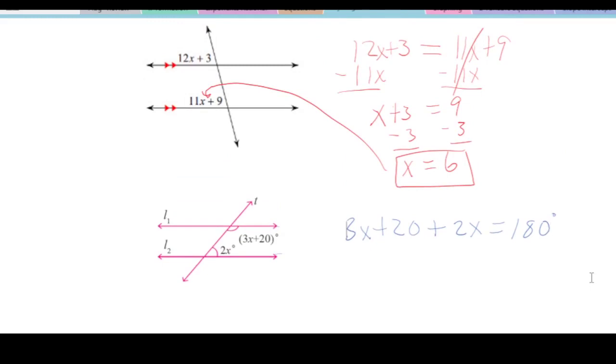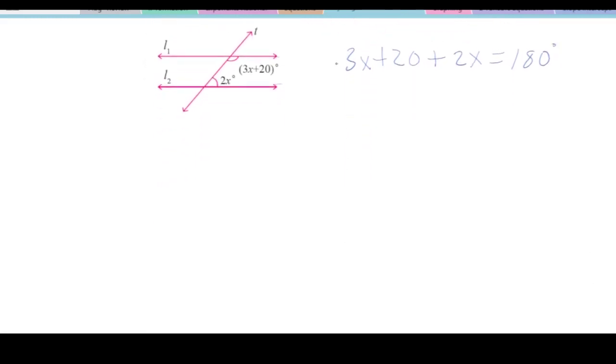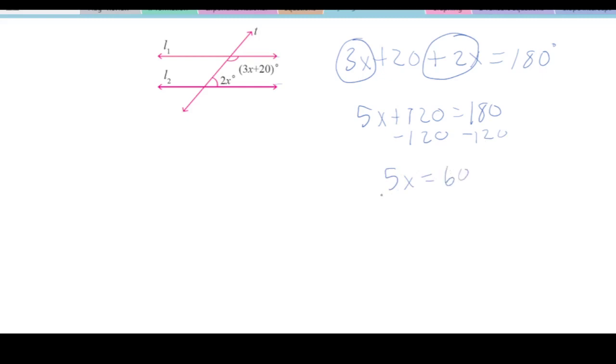In this case, they are on the same side, so I am just going to combine my like terms. 3x plus 2x gives me 5x. Now I'm going to subtract my 20. That gives me 5x equals 180 minus 20, which is 160. Divide by 5, divide by 5, and x equals 32.